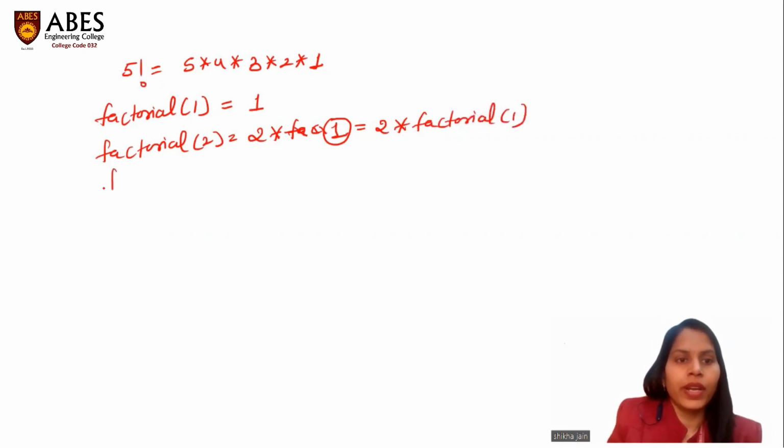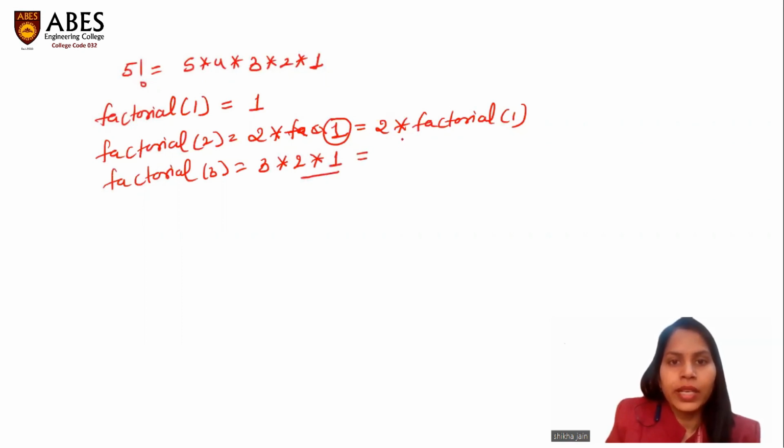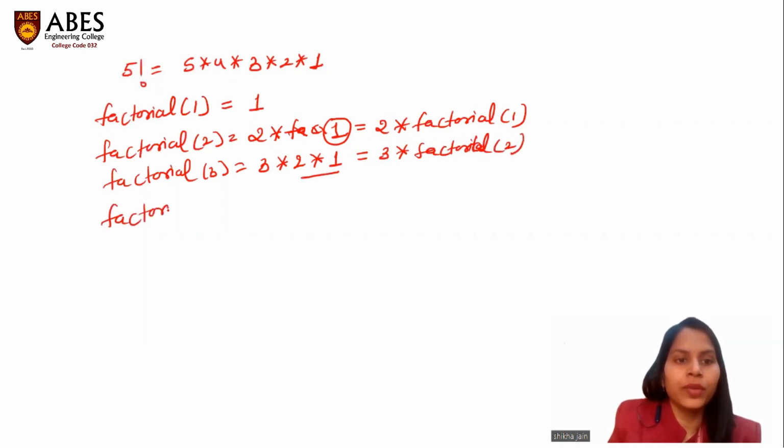Now if I write factorial 3, we can write it like 3 into 2 into 1, right? 2 into 1 can be written as factorial 2. So the statement would be 3 into factorial 2. Now if I write factorial 4, it is 4 into 3 into 2 into 1.